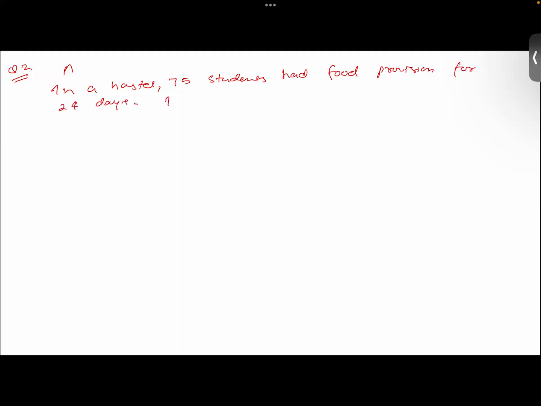Now if out of 75 students, 15 students were to leave the hostel, then for how many days will the food provision last? Solve it.